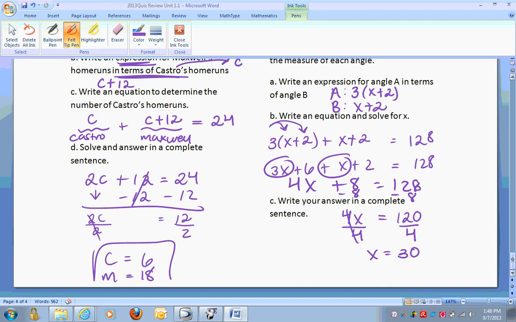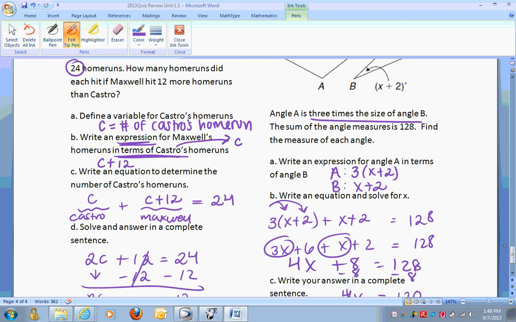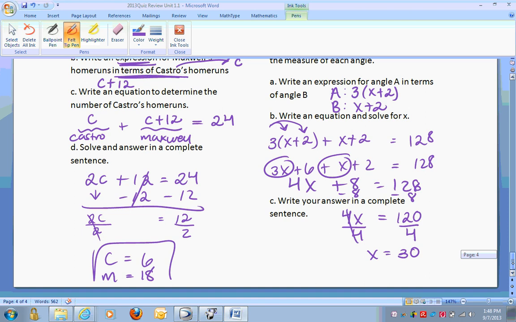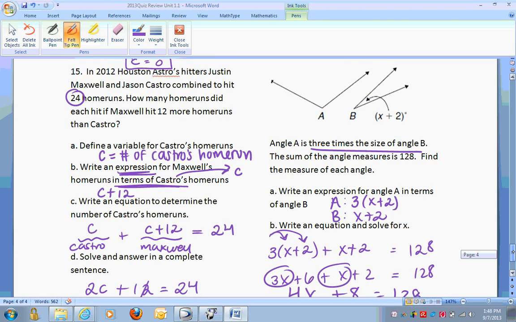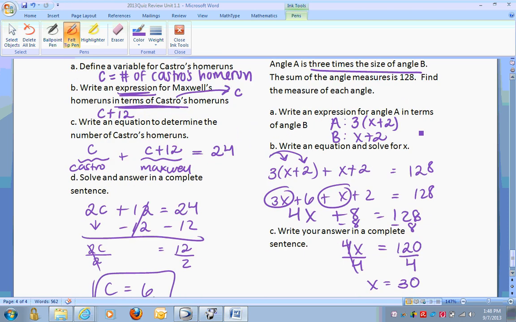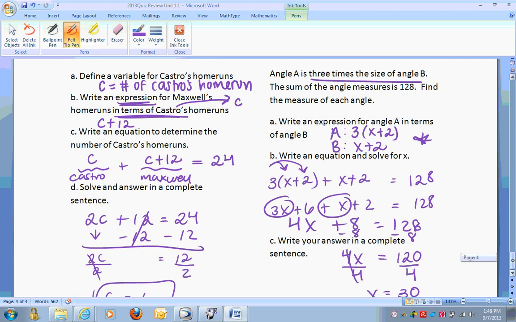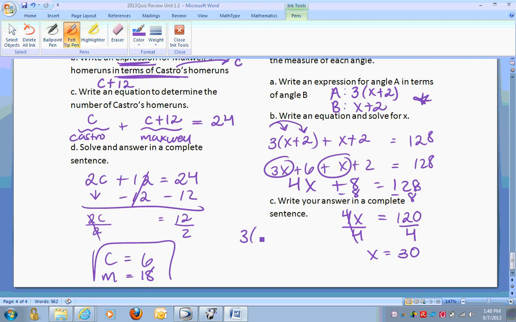So now that we know the value of x, they tell us to find the measure of each angle. I can plug back into the formulas that we came up with right here. So I'm going to take 3 times x plus 2, but this time I'm going to replace x with 30.